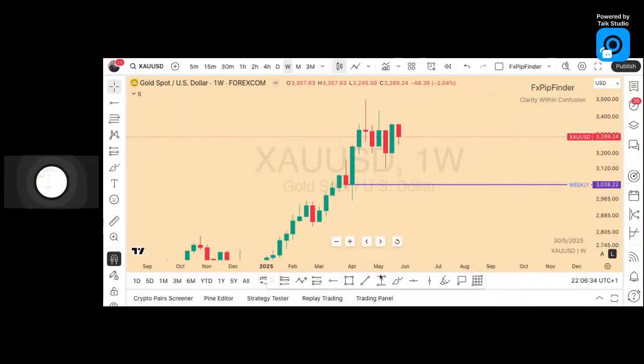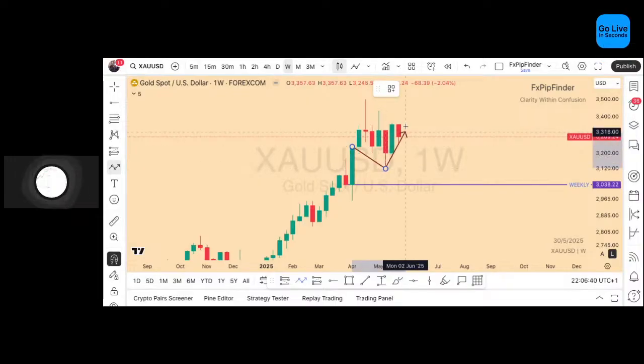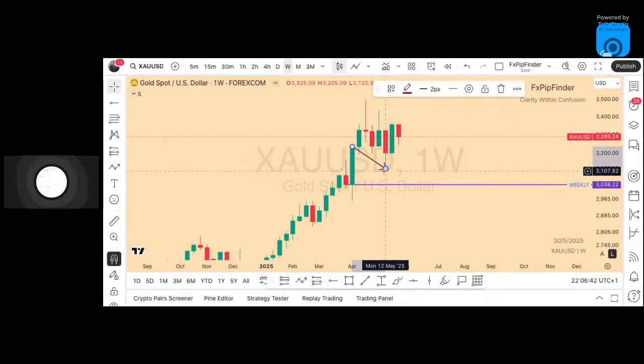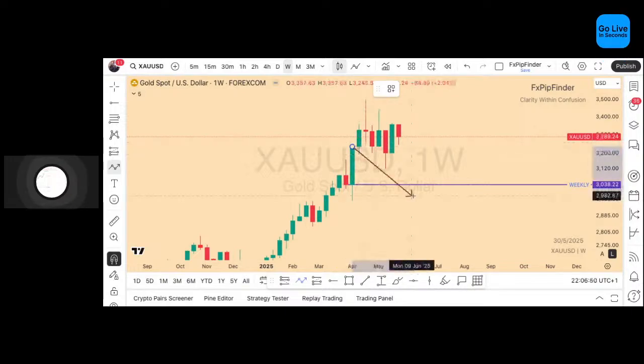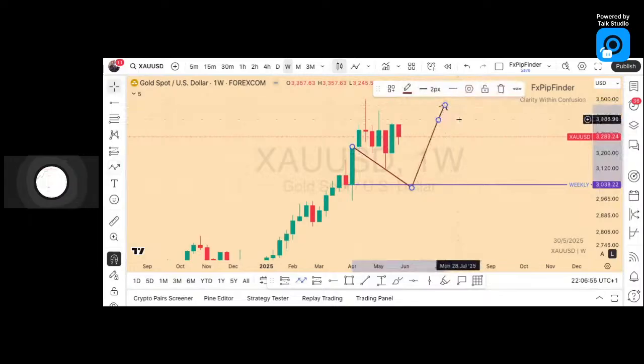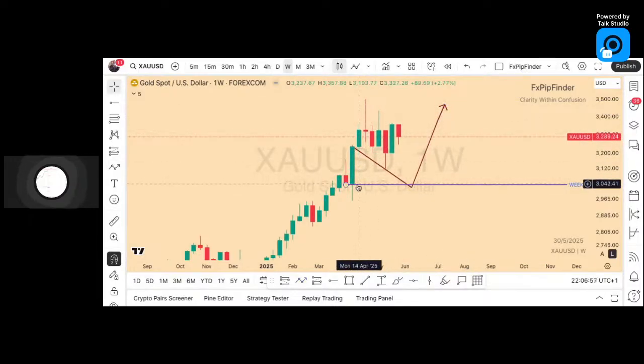We're expecting the market to come back to this level right here before it eventually goes up. So that is a bullish opening price.